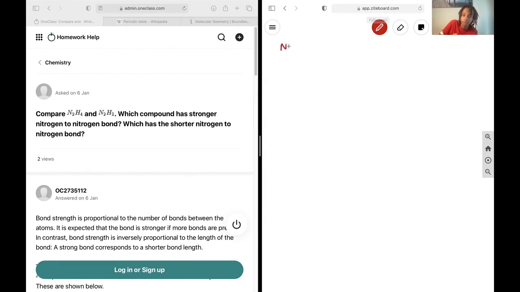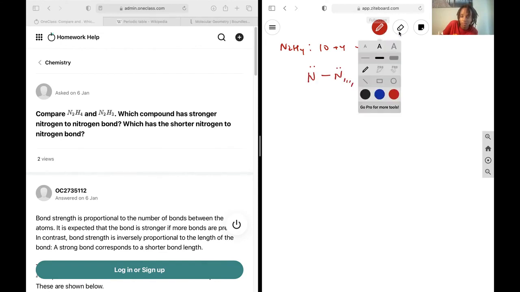So for N2H4, we have 10 electrons from the nitrogens plus 4 electrons from the hydrogens, so that's 14. We had drawn it out before. If you double check on your valence electrons, you should have 2, 4, 6, 8, 10, 12, 14, so valence electrons check out.